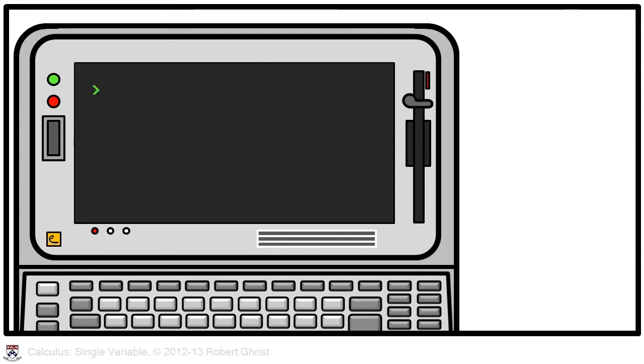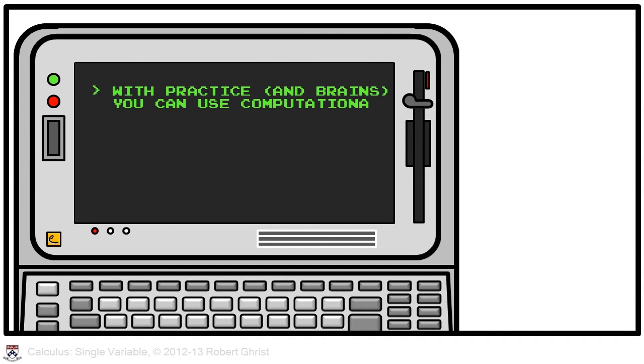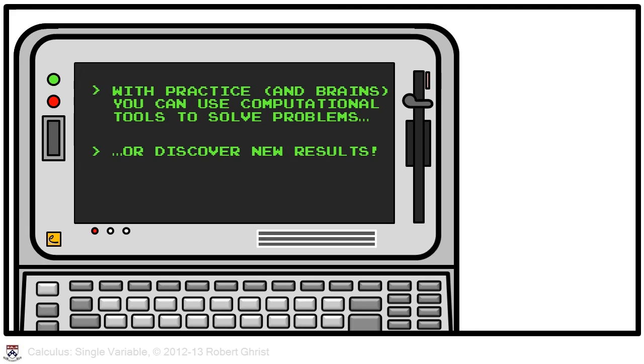But whatever difficulties might arise, this and other computational tools are extremely useful. With a little bit of practice and some thinking, you can use this and other computational methods to solve problems. But more than that, you can use these tools as a means of exploring mathematics.